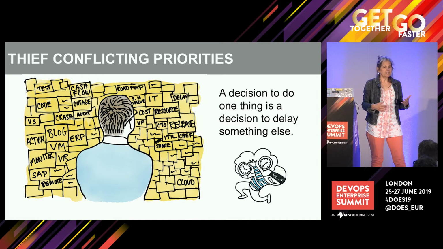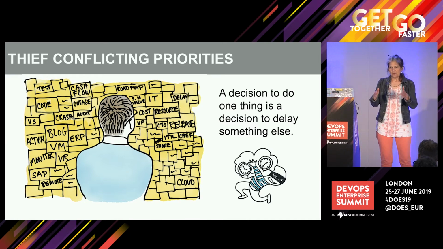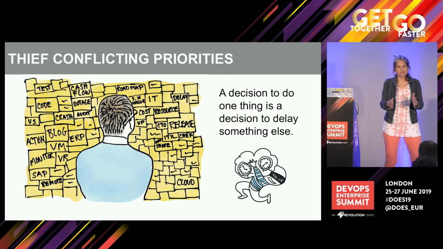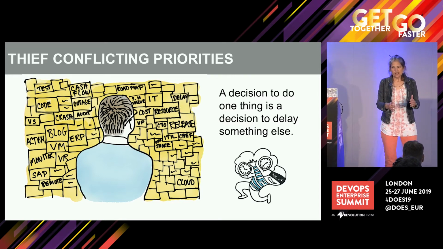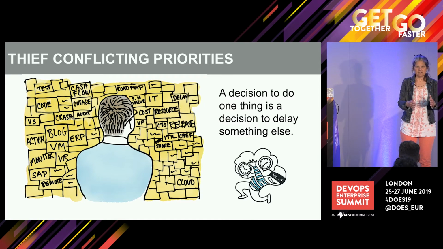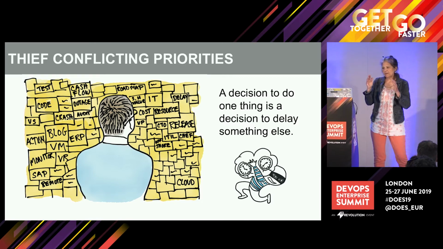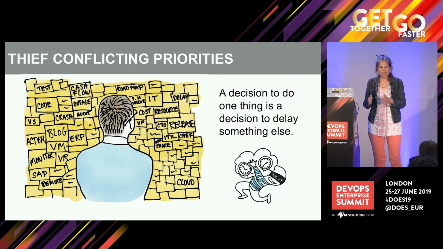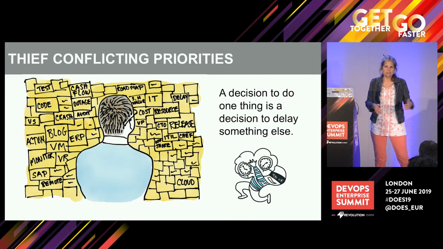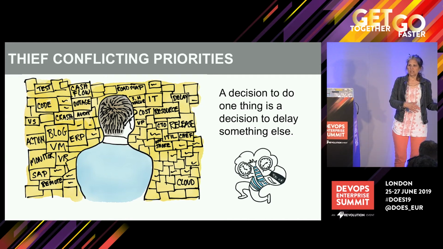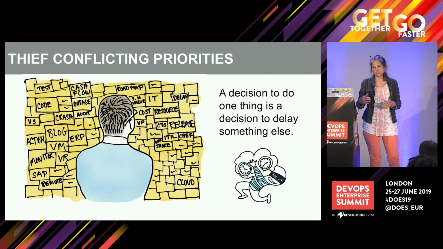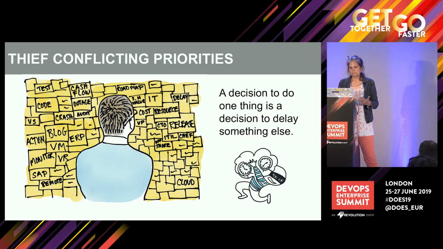I can walk and eat and maybe talk at the same time, but I'm not going to re-architect our architecture and do some coding and Clojure and update YAML files in Kubernetes, right? When it comes to complex work, we can only do one thing at a time. So if I'm heads down working on project A, that is a decision to not be working on project B, because a decision to do one thing is a decision to delay something else.